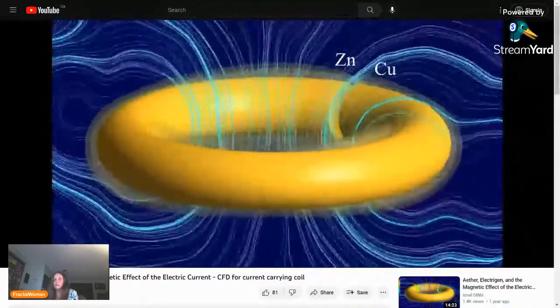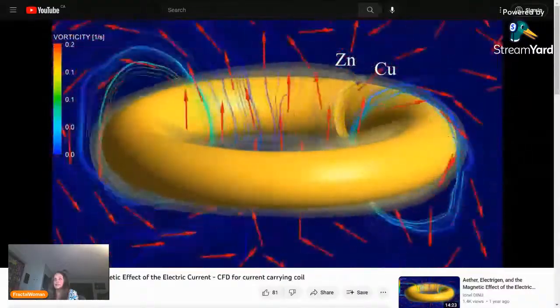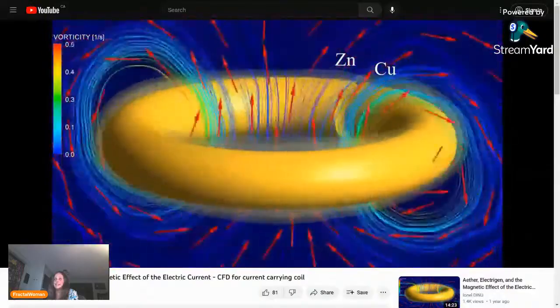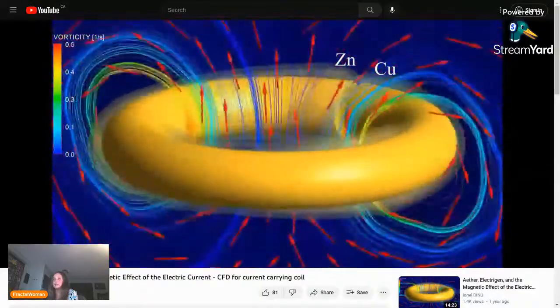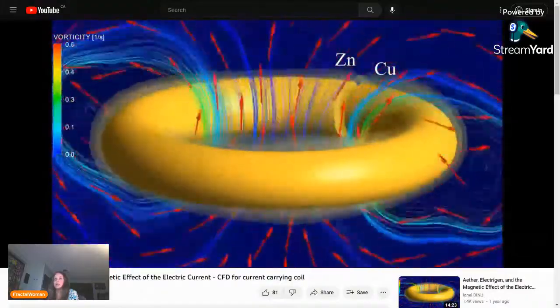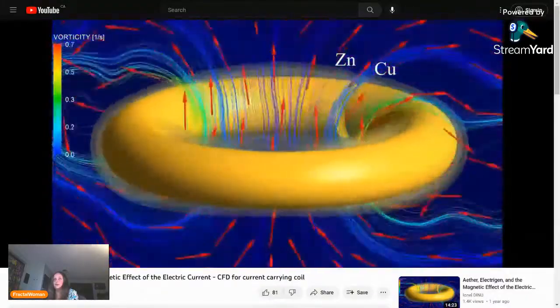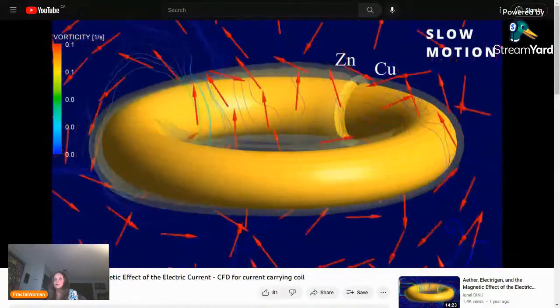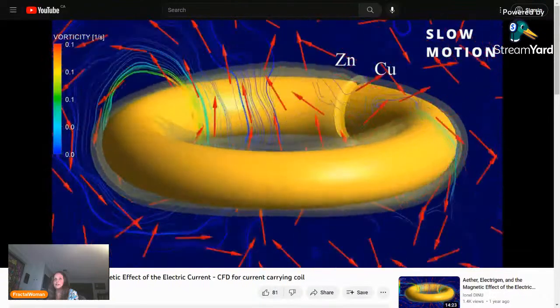Right. So I think this is pretty cool. So now he's showing the field lines, as you would see in a field diagram, magnetic field diagram, with the arrows pointing in the direction of flow, and that would be the direction that the ether is flowing around the coil of wire. Okay, so you can check that out.